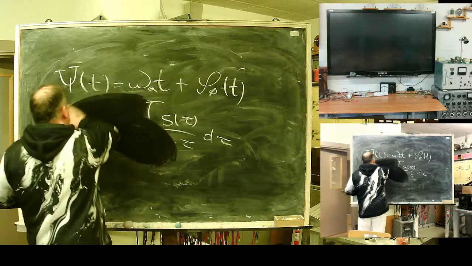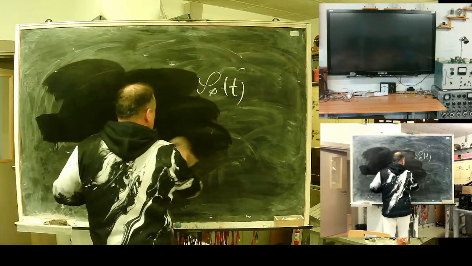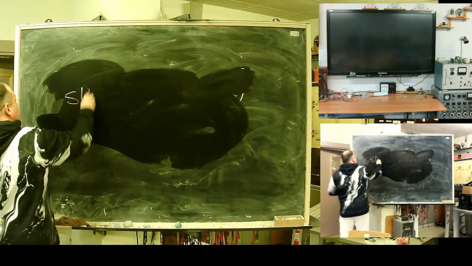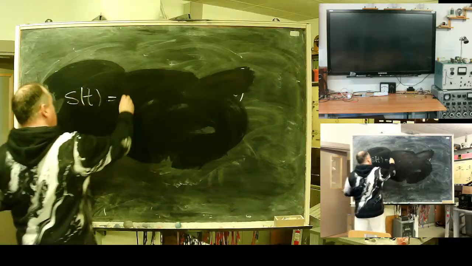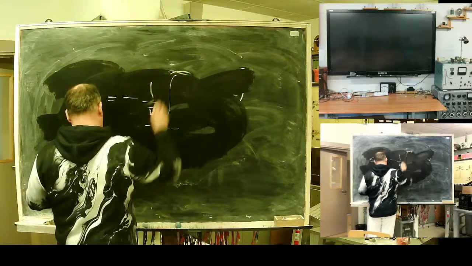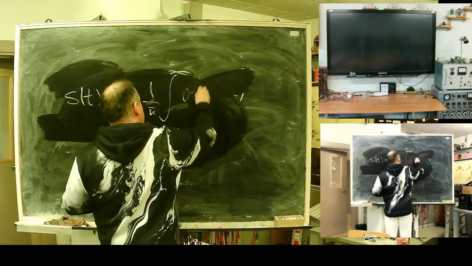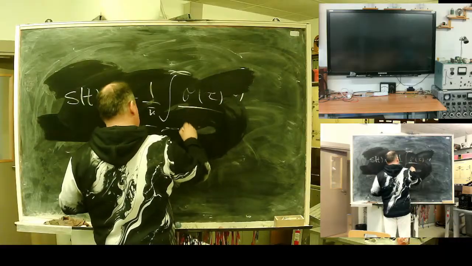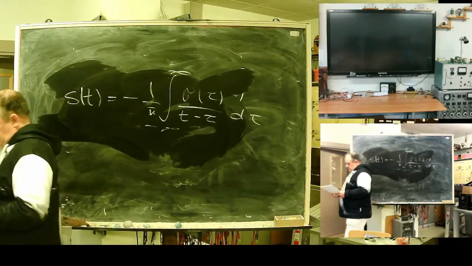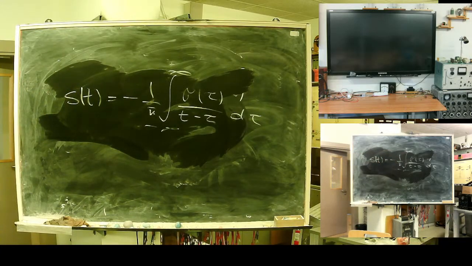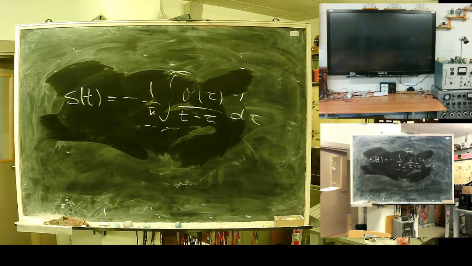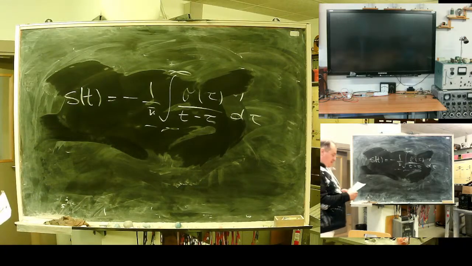The signal itself can be obtained from its conjugation. Here should be minus 1 divided by pi, integrate d tau. The name for this is Hilbert's theorem or Hilbert transform. It is not possible to calculate Hilbert's integrals directly.